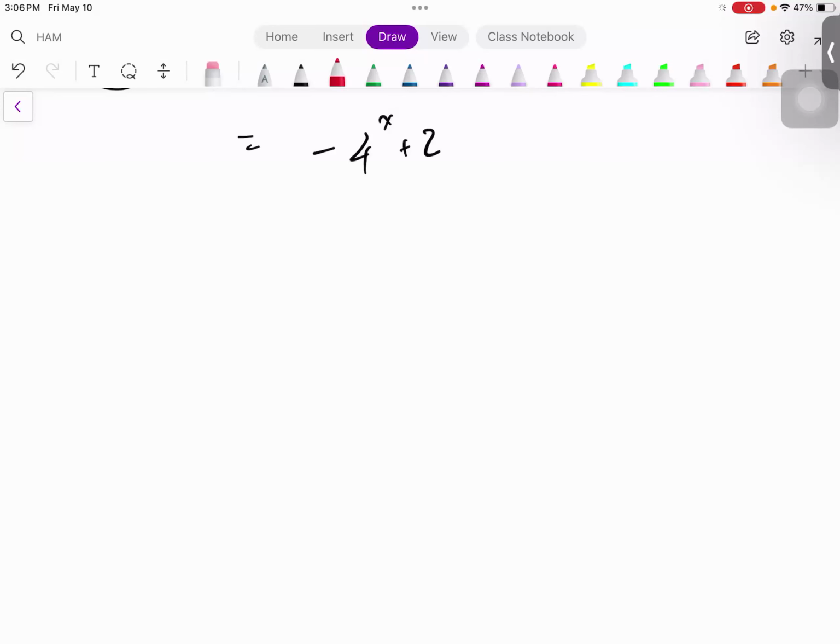You only do it when there's a negative on the power, not the negative on the number. The negative on the number doesn't do anything. You need more time? One more minute. All right, one more minute.